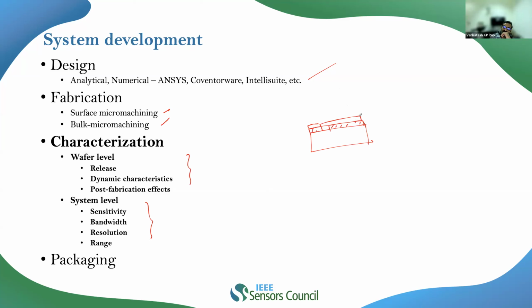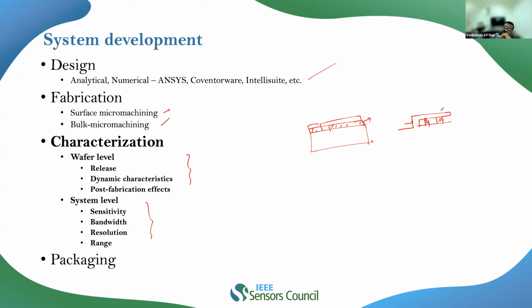Now, let us say that while stripping away the oxide layer, my oxide is still sitting at some points, somewhere over here, here. It has not etched away completely. Then what happens?